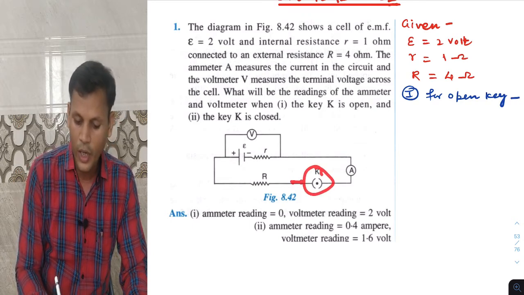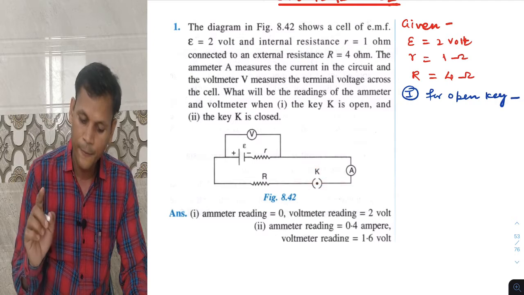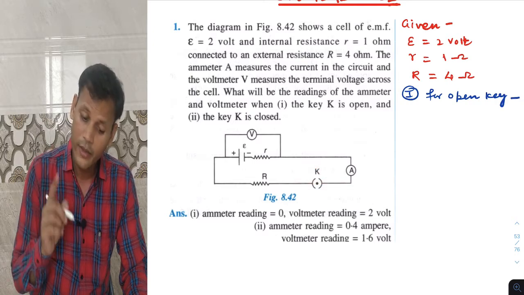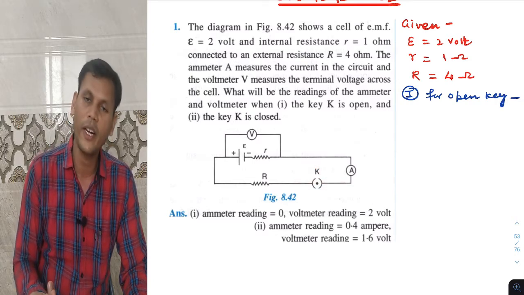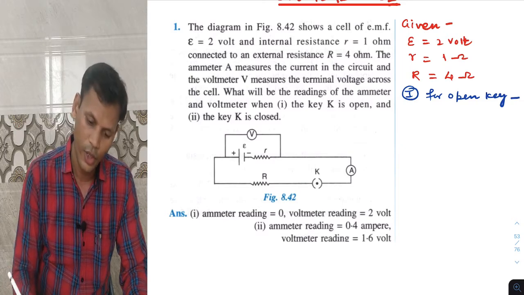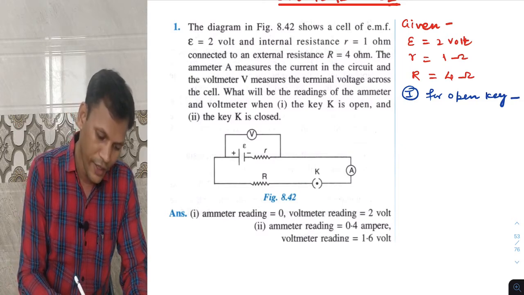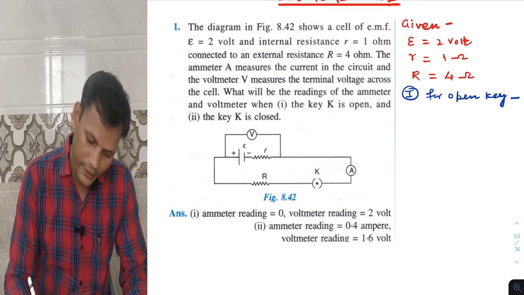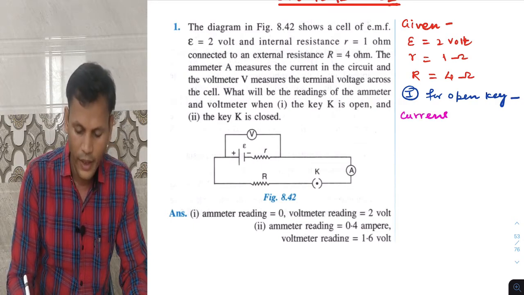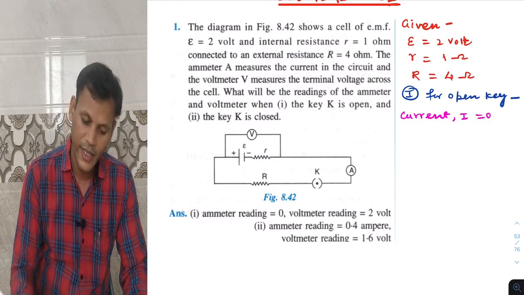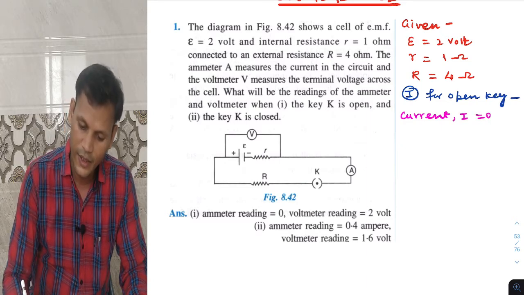Then definitely no connection is there, so no flow of current will take place. So for open key, current I will be 0. That is, the ammeter reading will be 0.